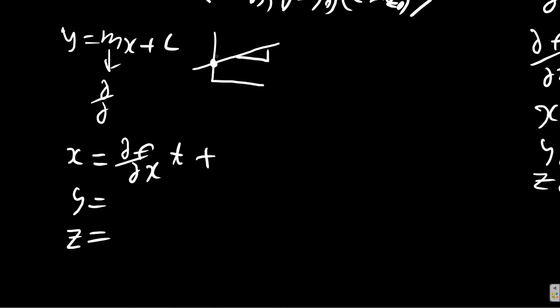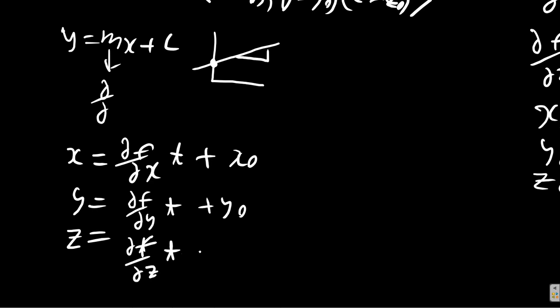But what will be the constant in this case? Well, we know one particular point that we're dealing with, and that is x naught. Alright? Similarly, y is going to be delta f by delta y times t plus y naught, and z is delta f by delta z times t plus z naught.